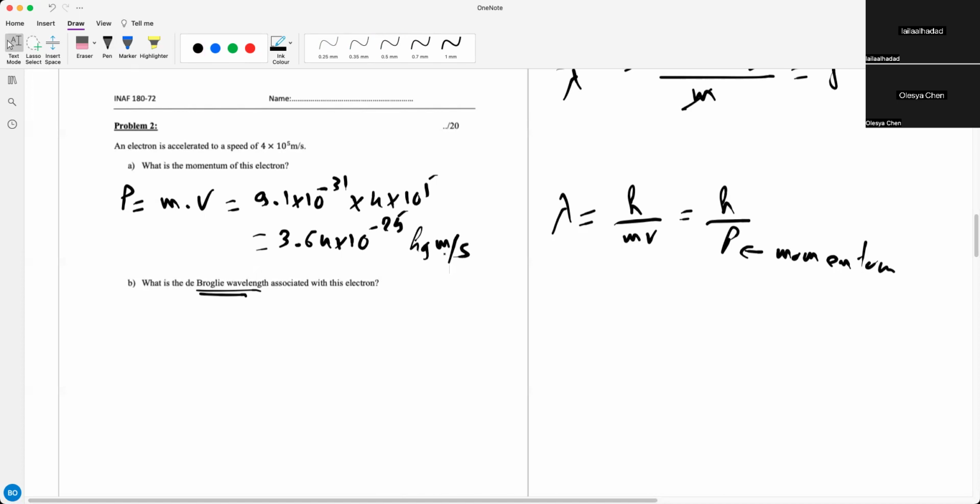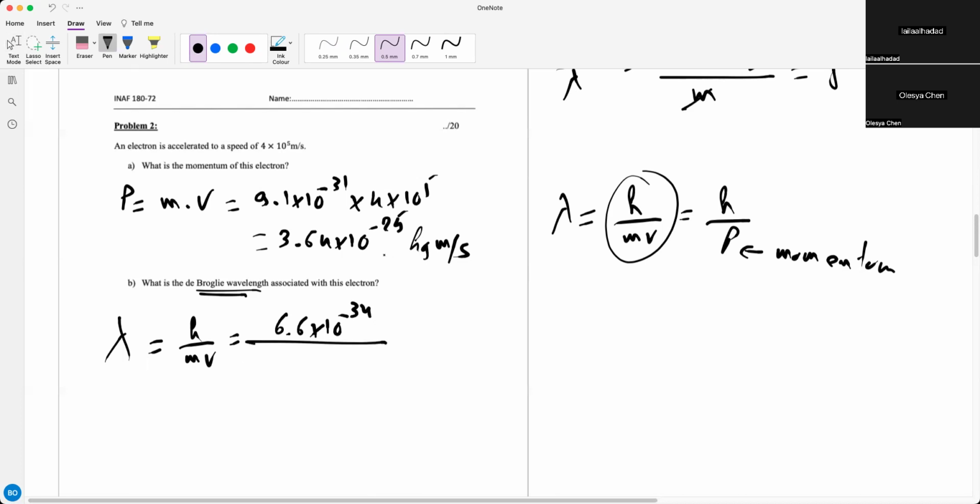And what is the de Broglie wavelength? The de Broglie wavelength is h over this one, so it's h over mv. It is 6.6 10 to the minus 34 divided by the value that we found here, which is 3.6 10 to the minus 25, and the value would be in meters.